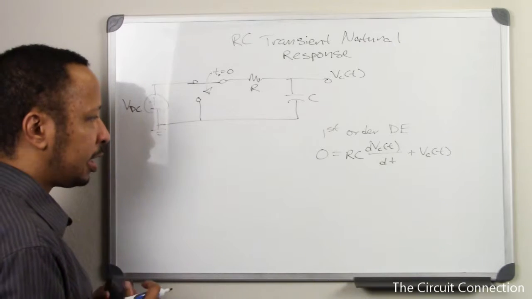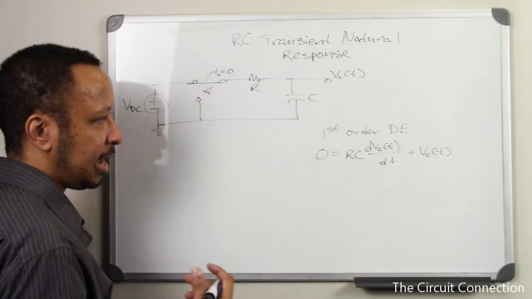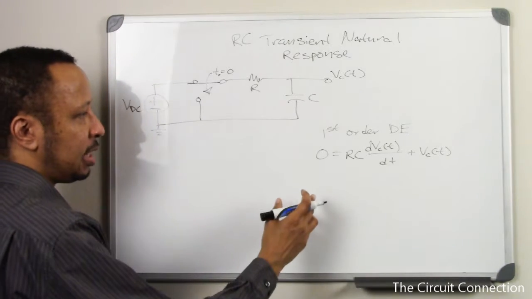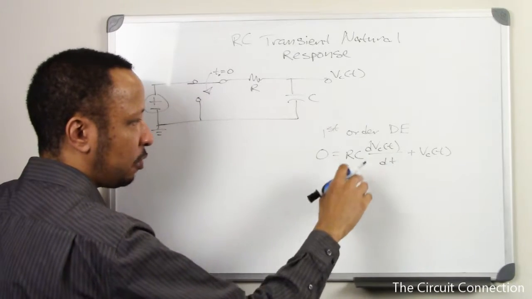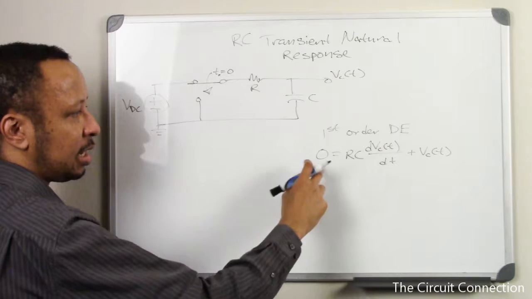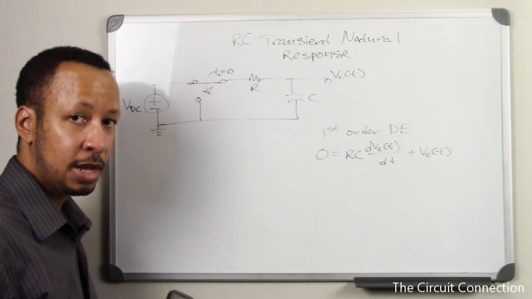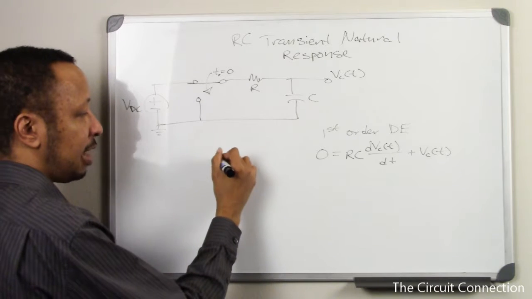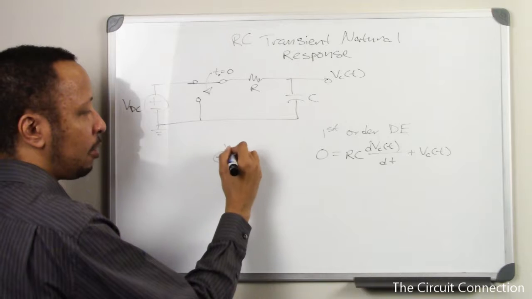What function can I have that I differentiate and it fits this form, where you have the function itself, you differentiate it, and it still equals 0? The thing that meets that criteria usually is the exponential function, e to some power of x.